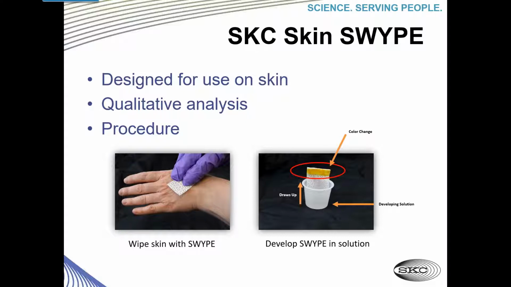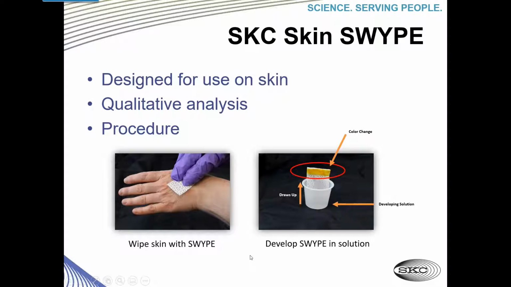It's important that you put that swipe in correctly. You will see that the swipe has this area right here. You will put it away from the developing solution, because the developing solution will go up into this area, and this is the area that is going to change. So it draws up, okay?